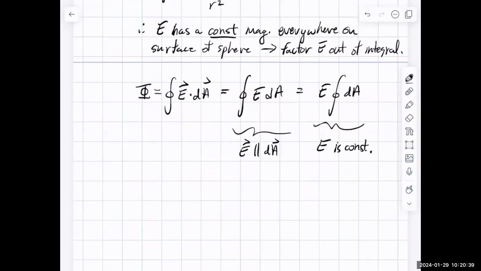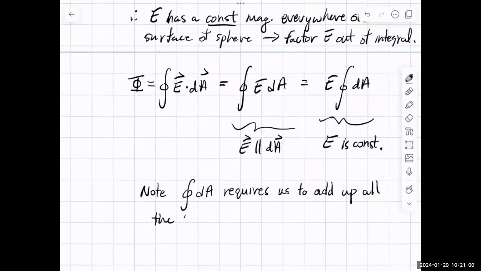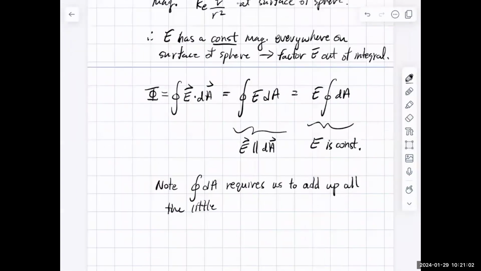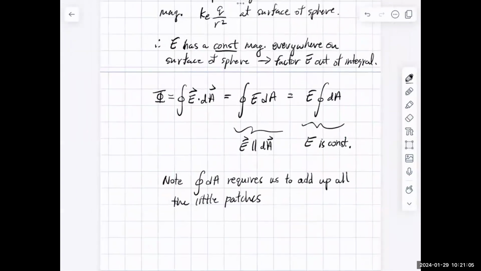4 pi r squared. Okay, so let's just note that this integral of dA requires us to add up all the little patches of area that make up the entire surface of the sphere.